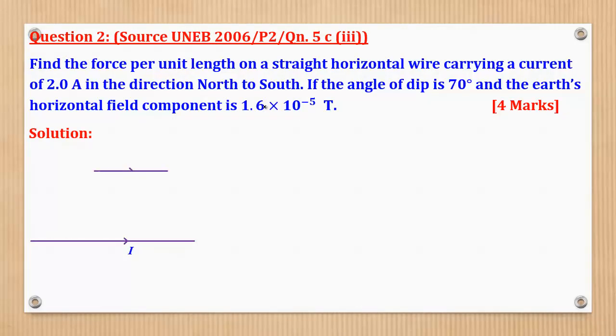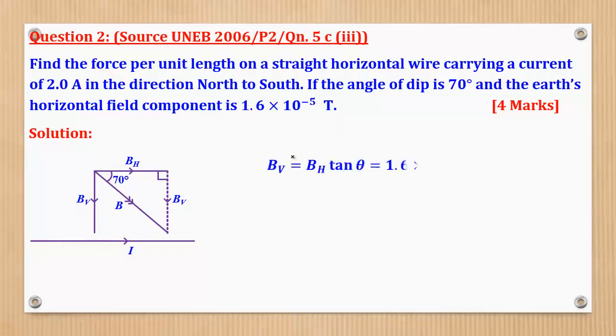So that is the current. Then we have the side is a horizontal wire, so that is BH and this is BV, and the resultant is in that direction. So completing the triangle gives you that.